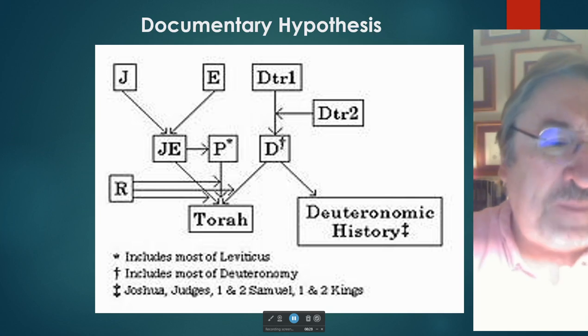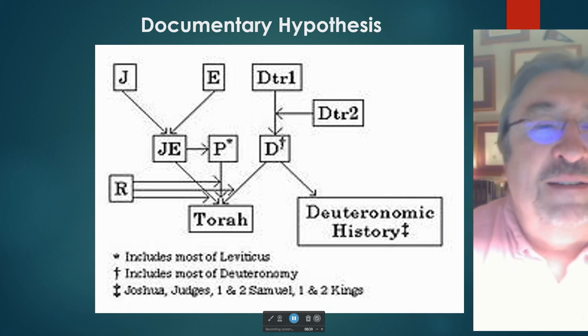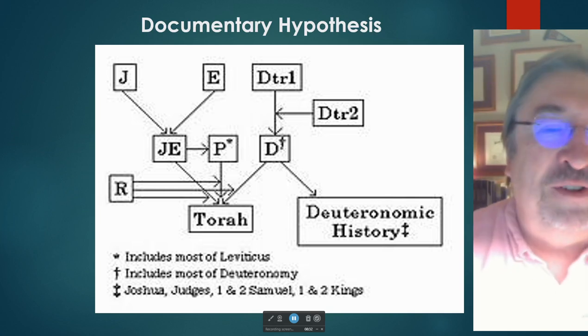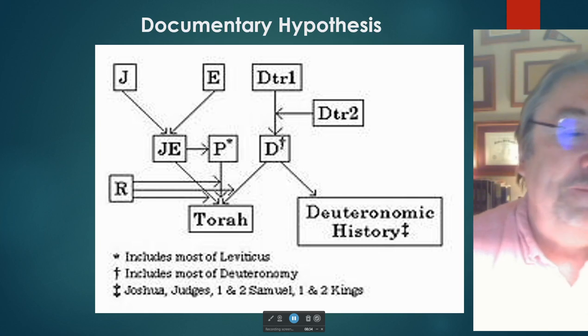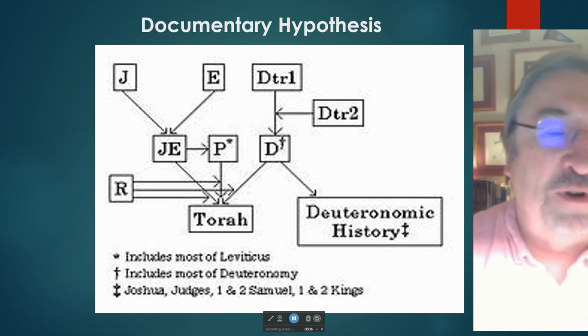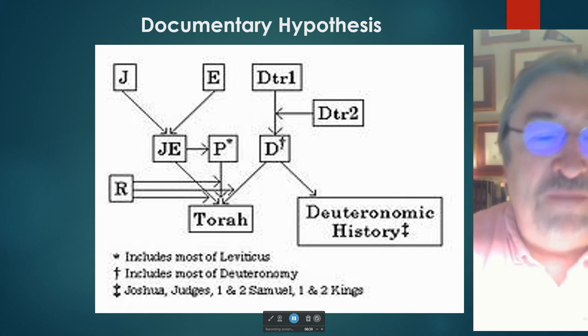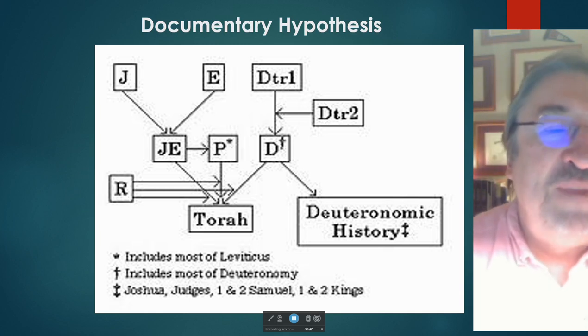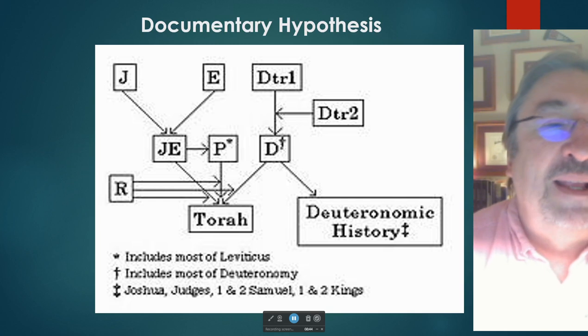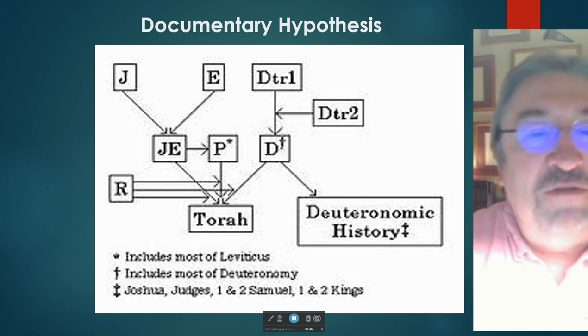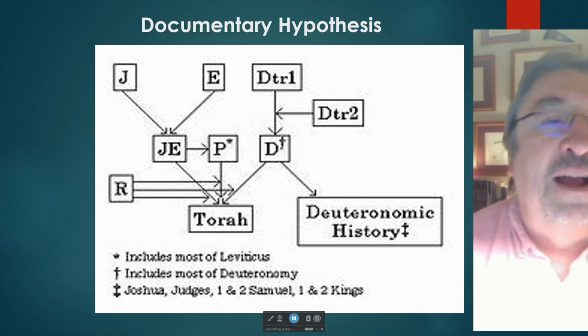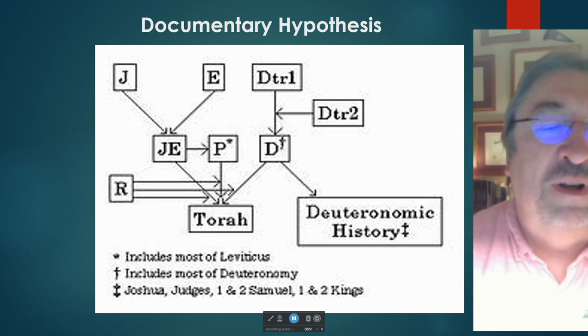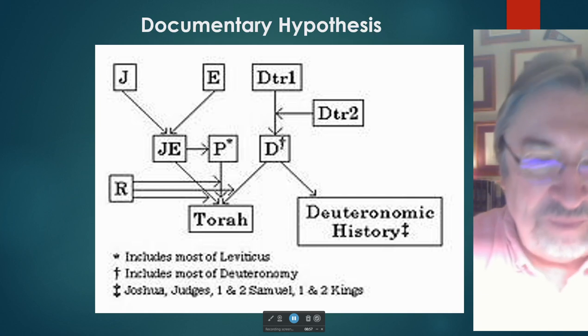So the Deuteronomic source includes most of what we've come to accept as the book of Deuteronomy. And the priestly source comes to include most of what we accept as the book of Leviticus.